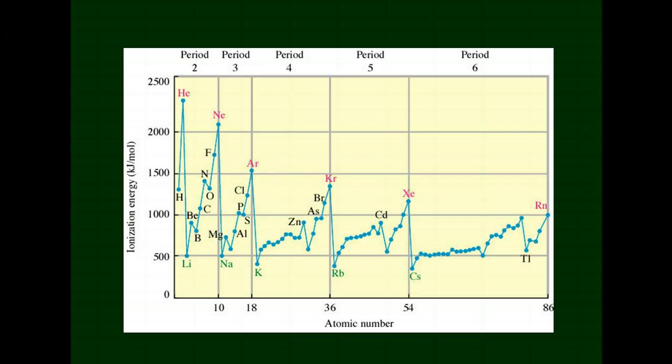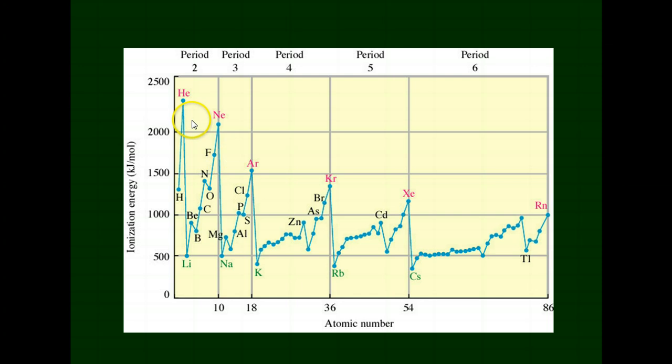So if we look at this graph, this is just showing the values of the first ionization energies for each of these elements. We can see as we go across period 1, hydrogen and helium, that there is definitely an increase. From lithium to neon, from sodium to argon, from potassium to krypton, from rubidium to xenon, from cesium to radon.